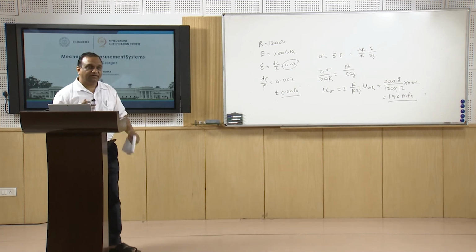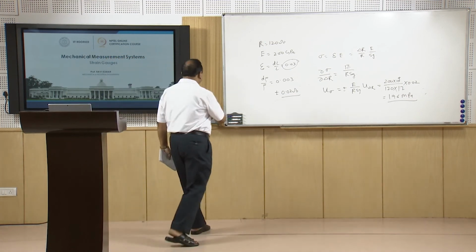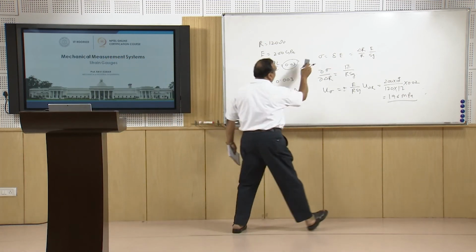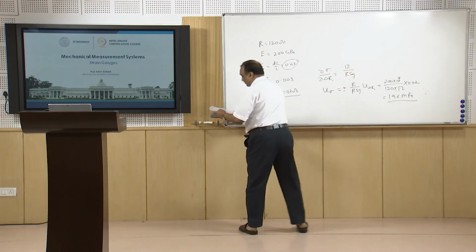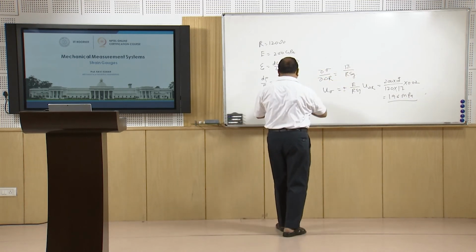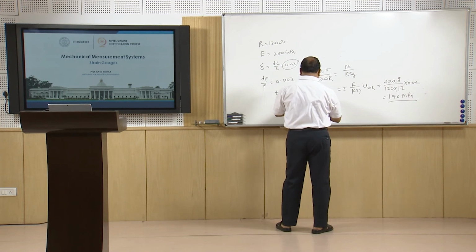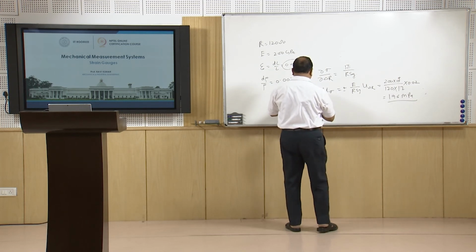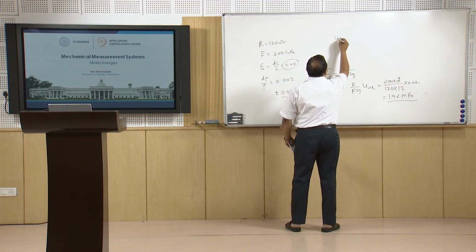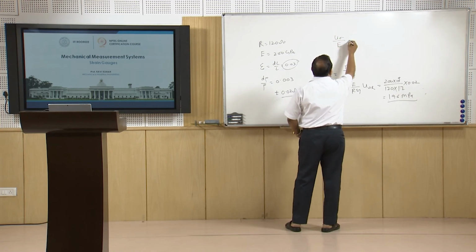And uncertainty in strain is also required. Error in the measurement of strain is also required. So for finding the error in the strain, it is the uncertainty in stress divided by E, that's it.